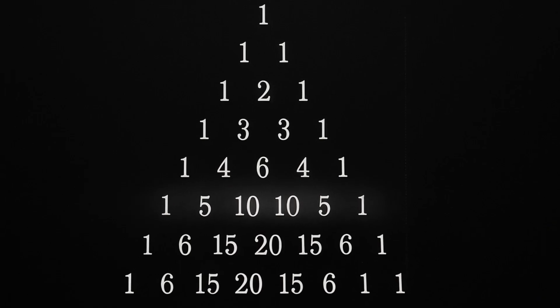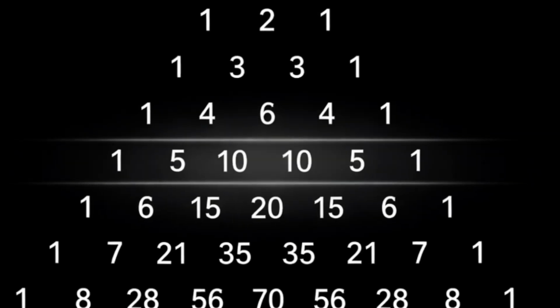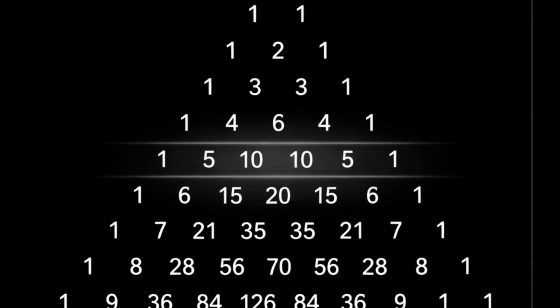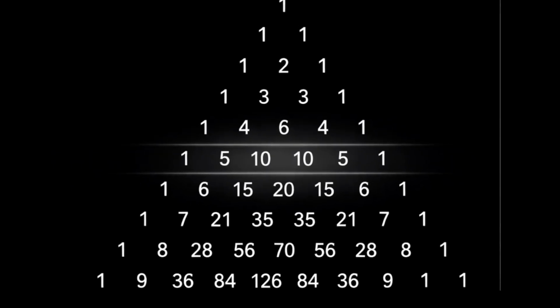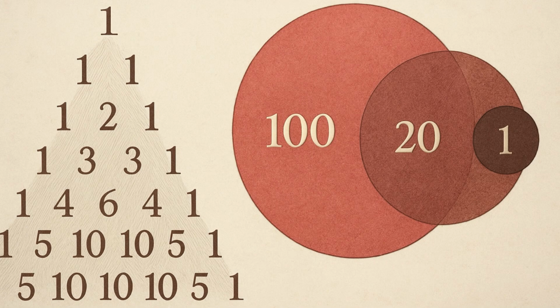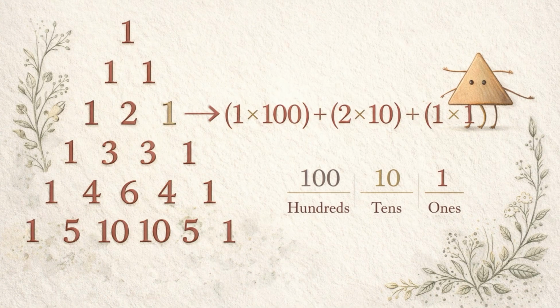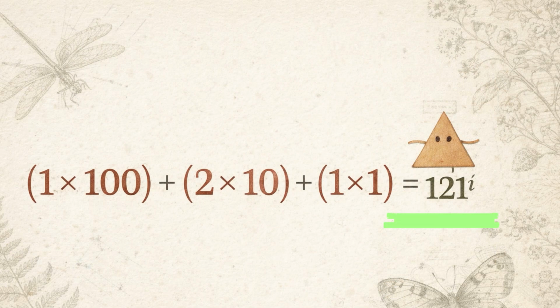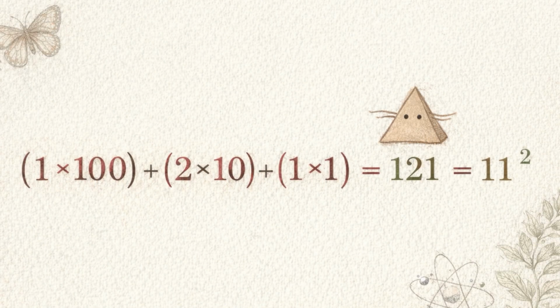Here is another fascinating observation. We can look at each row of Pascal's triangle and read its numbers as if they were digits forming a larger number. For example, consider the row that contains the numbers 1, 2, and 1. If we place these digits next to each other, we get the number 121. And interestingly, this number is the same as 11 multiplied by itself twice.